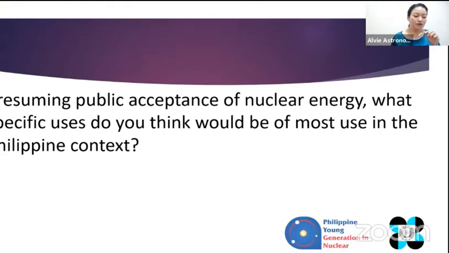But if you're talking about the applications, aside from power applications, nuclear energy has non-power applications, of which PNRI has been very active since 1955. So there are applications in agriculture, medicine, industry, and so on. And if you'd like to learn more, visit the PNRI page and visit PNRI once we're out of the COVID pandemic.